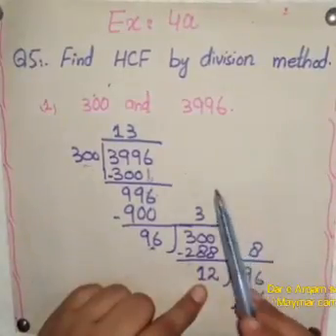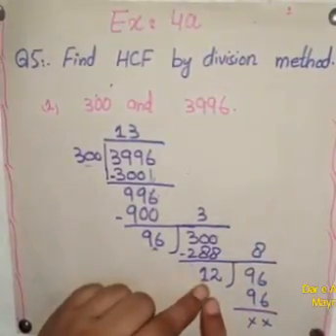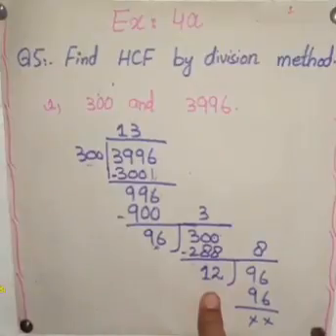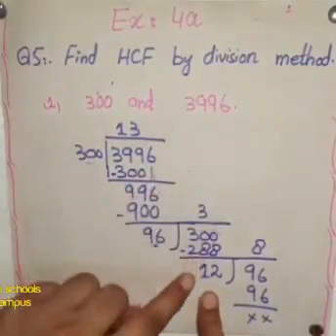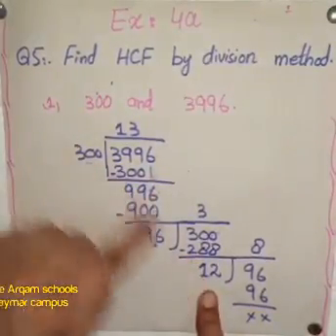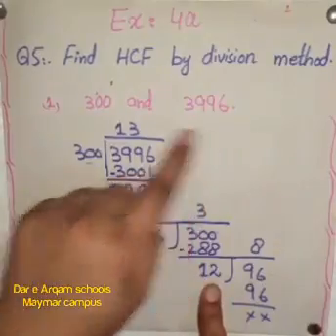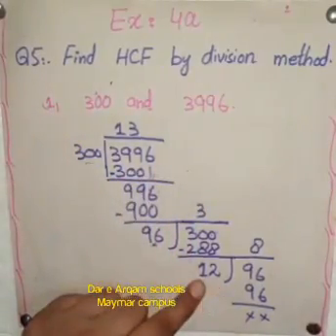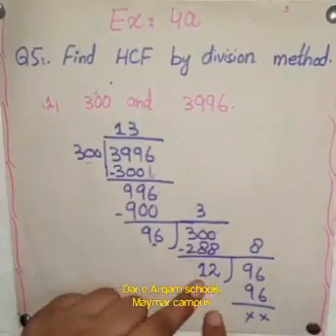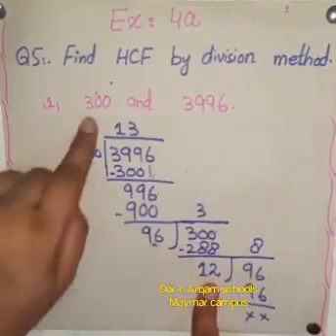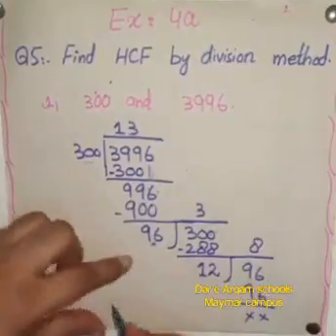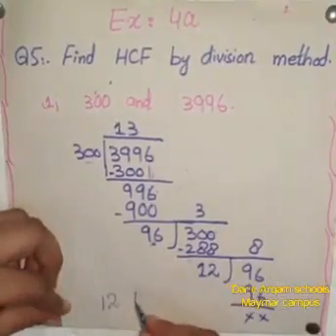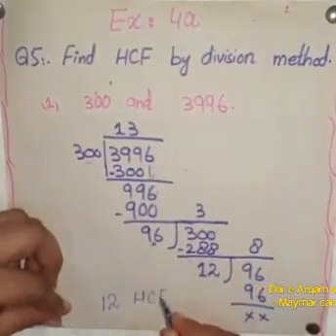But for HCF, you have to know the highest common factor of these two numbers, that is 12. It means that 12 can divide these two numbers, and 12 is the highest number which can divide them. So our answer is 12. Our HCF is 12.